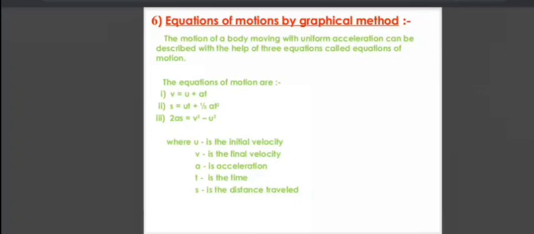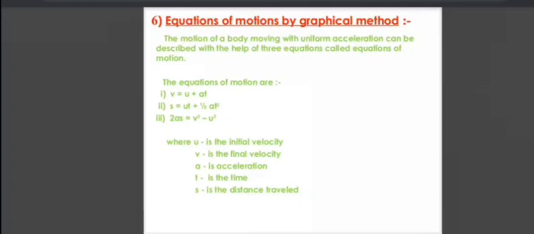If you check all the three formulae, in the first formula you will only see U, V, A, T. There is no S. In the second formula, there is no V. In the third formula, there is no T. So in each formula something is missing, and according to that you need to apply the formula.